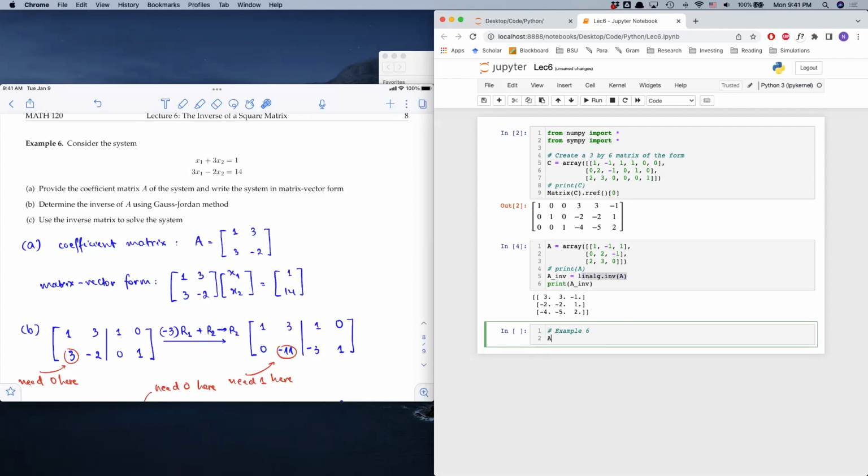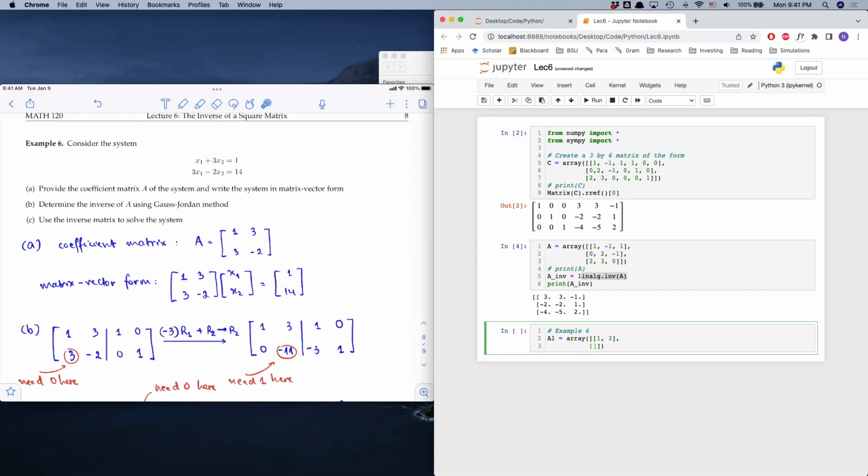So the matrix, let's say I'm going to call it A1, so that I can distinguish between A1 and the A that I got up here. The array that you need to create is the 2 by 2 matrix. So the coefficient matrix is 1, 3.